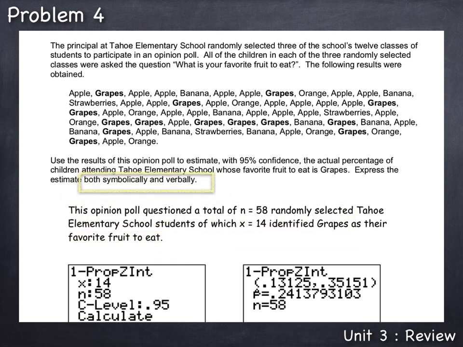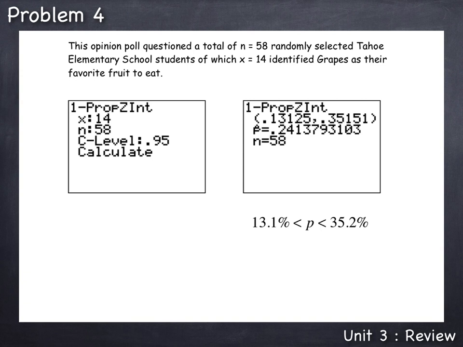So we are asked to express the answer both symbolically and verbally. So starting with the symbolic answer. Since we're estimating the population proportion P, we use the symbol P in the middle of our interval, surrounded by the less than signs to indicate that this proportion is between the lower limit, which the calculator gives, and the upper limit.